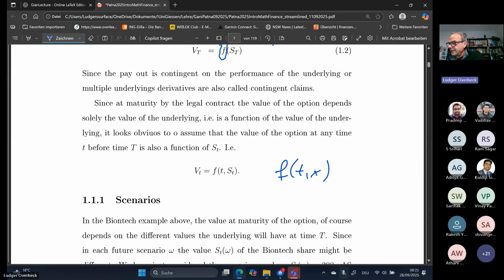F(t, x) is the value of the option before maturity, meaning t smaller than capital T, and x we want to plug in. It's the V_t itself. It's then also stochastic, also a random variable, but the randomness only comes from the random value of the underlying stock at time t.